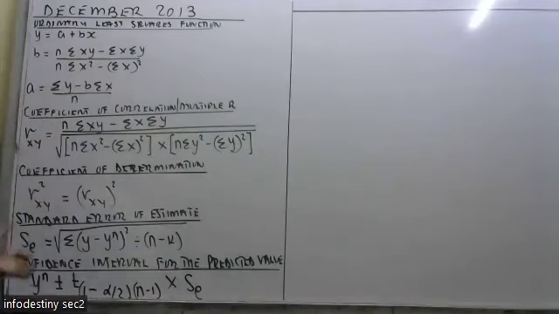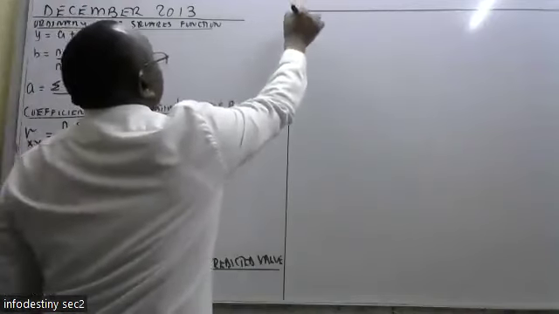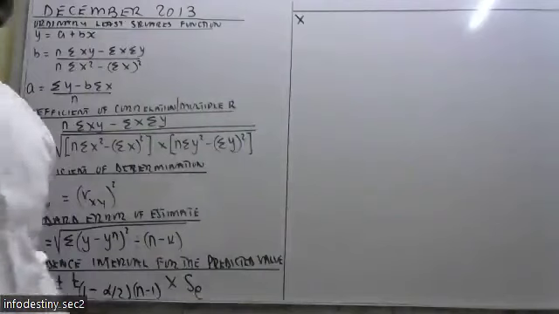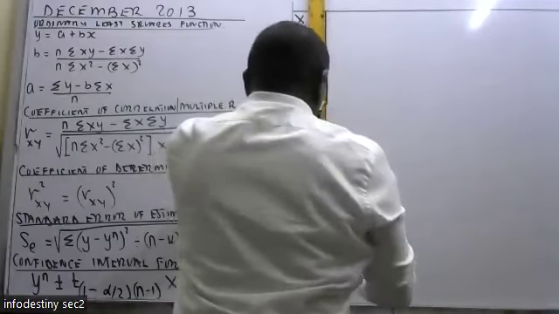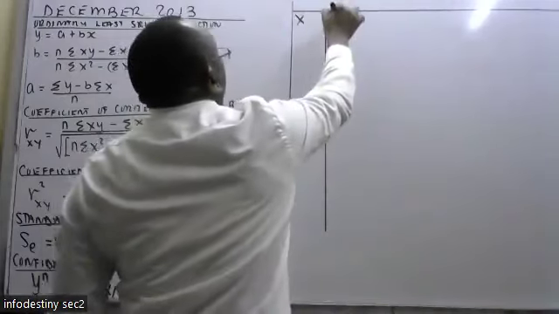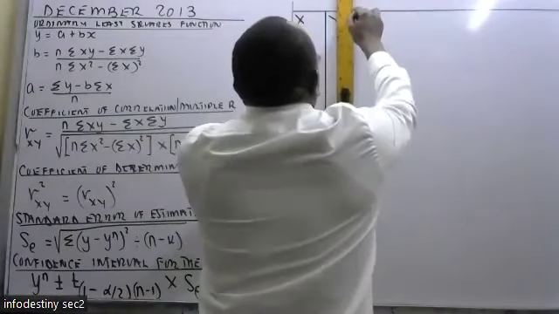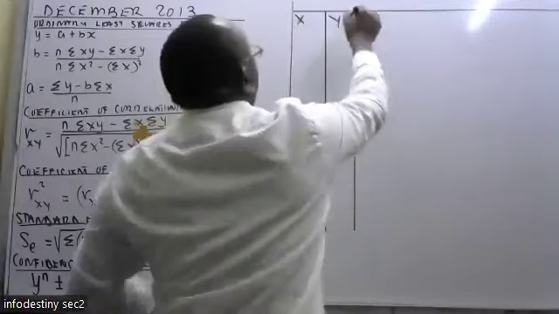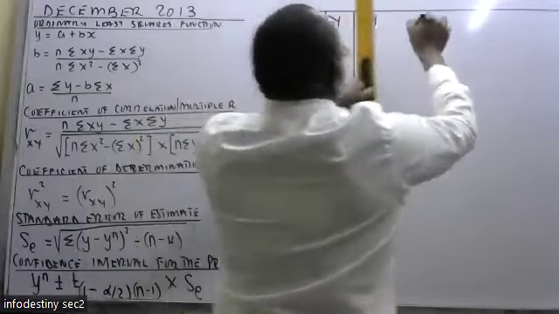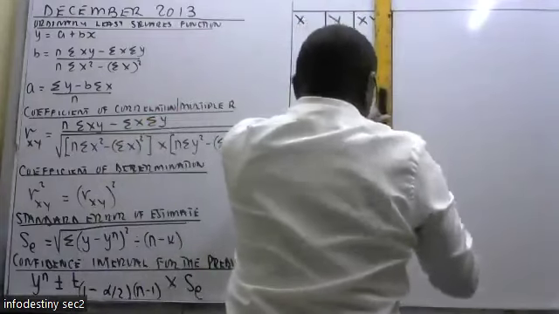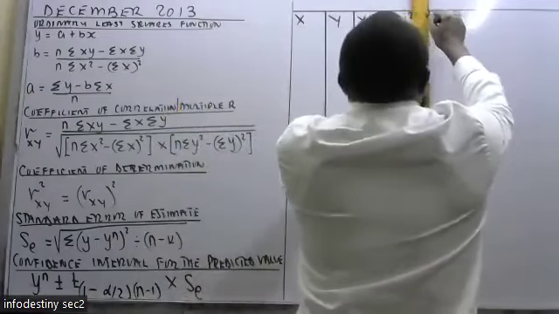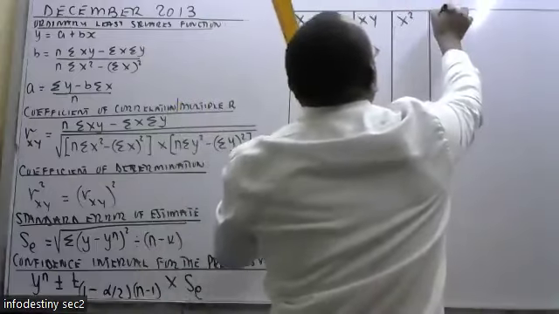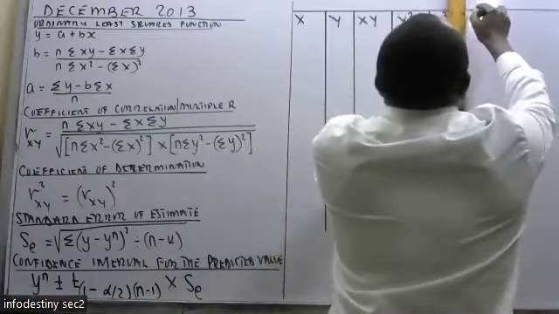So from this, we will require a column of X, a column of Y, a column of XY, a column of X squared, and a column of Y squared.